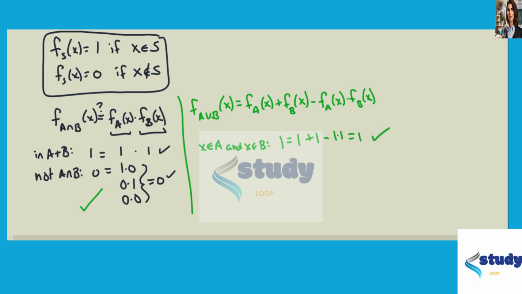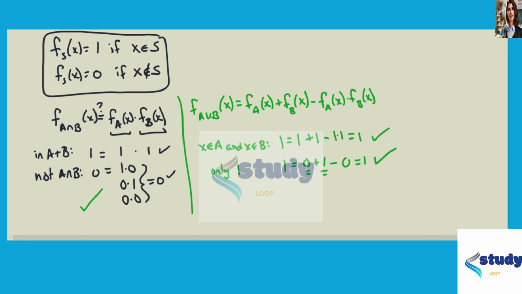Now, what if it is in only 1? So it's either in A or B, but not both. It still should be in the union, so my value still should be 1. If it's in one of them, it's either going to be 0 plus 1, or 1 plus 0. The order might switch if it's in A or B, but one of these will be 0, one of these will be 1. And when I multiply those two values together, I'll be subtracting 0.